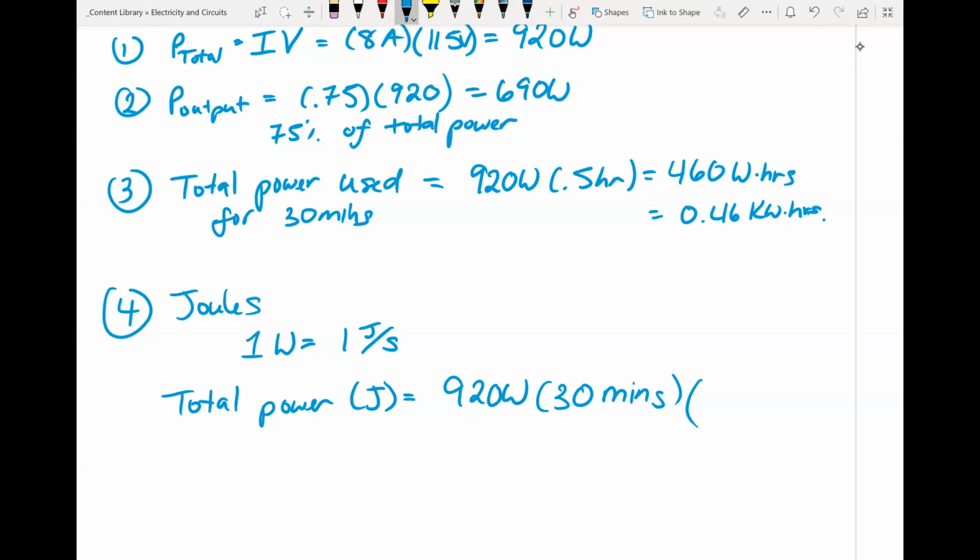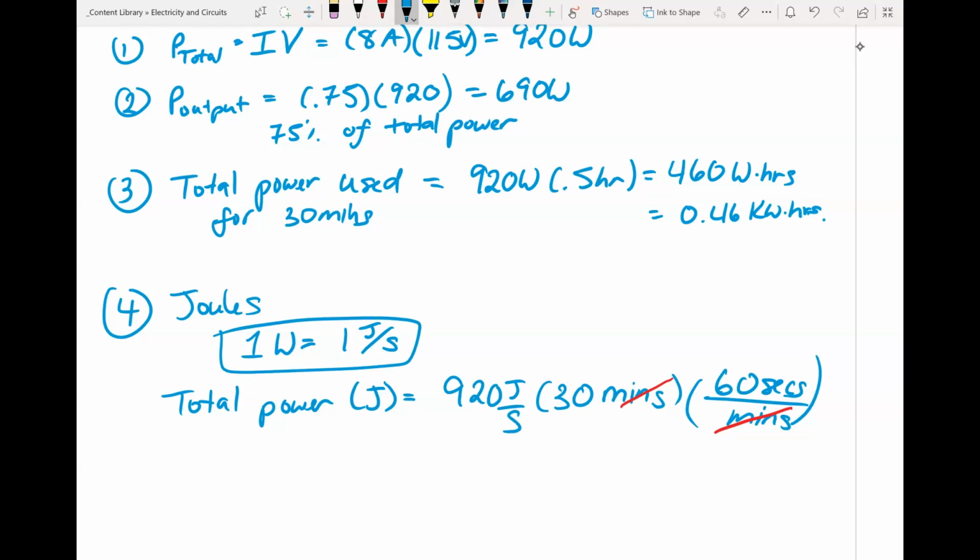And I'm going to do the conversion between minutes to seconds. So there are 60 seconds per minute. And the reason why I do that is so I can cancel out our minutes. I could also cancel out the seconds because the watts can be replaced with joules per second, as the conversion I just showed you above. So our seconds can also cancel out. Then our unit left over is just going to be joules. So we're going to do 920 times 30 times 60, which is 1.7 times 10 to the power of 6, and our units left over is in joules.